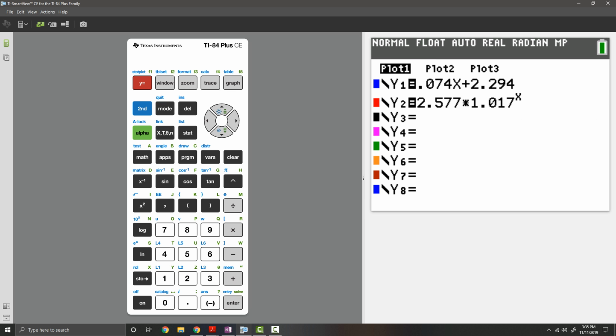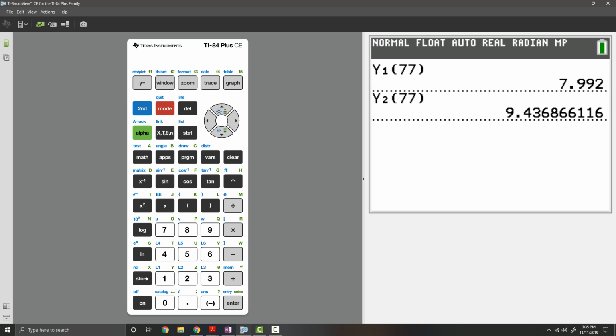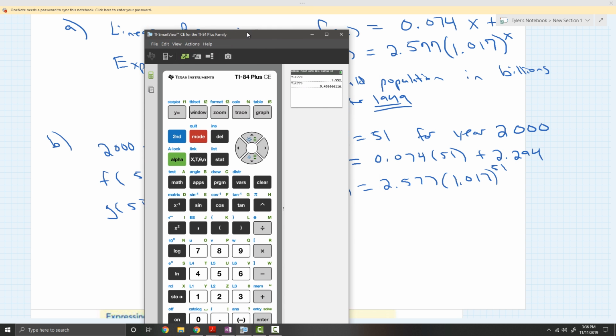Let me just make sure I have 2.577 and 1.017 typed in correctly. Yeah, so those are the two outputs that we get. And notice that the linear function f of x is going to do a better job for predicting the 8 billion prediction, right?